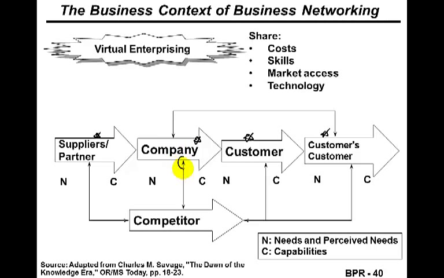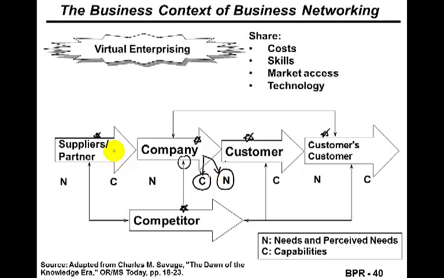A lot of time we will be competing with our competitor, but also collaborate with our competitor in some joint project as well. And the notation here means this N stands for needs and perceived needs of our customer. Company need to understand what are those needs or perceived needs and make sure we have the capability in meeting customers' needs.